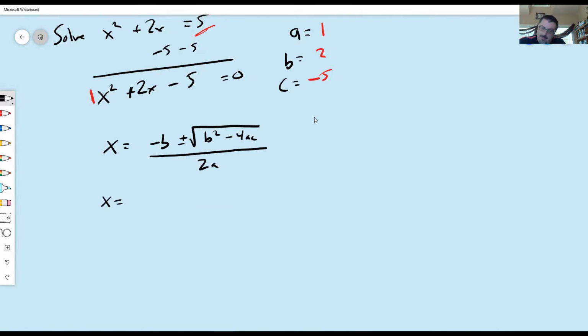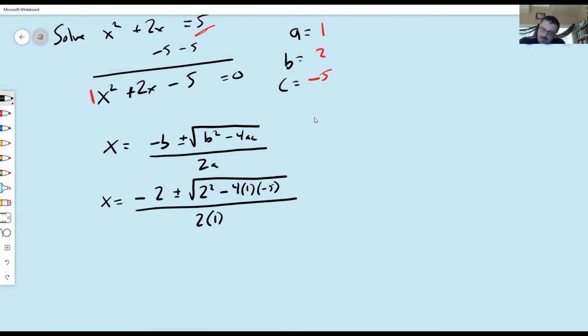All we have to do here is plug in. a is 1, b is 2, c is minus 5. So minus b, so minus 2, plus or minus the square root of 2 squared minus 4 times a, which is 1, times c, which is minus 5, all over 2 times 1.